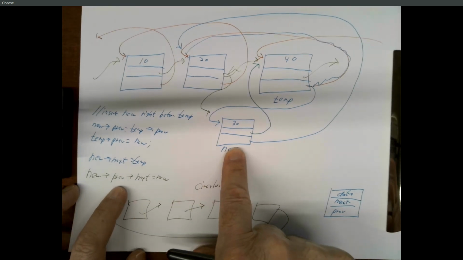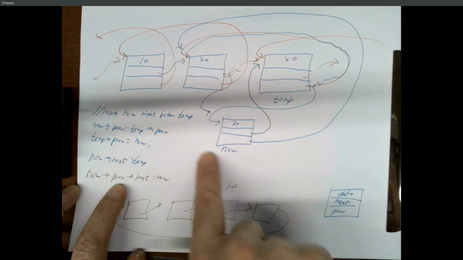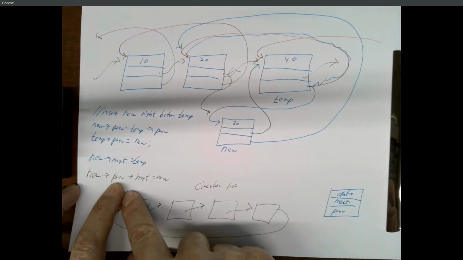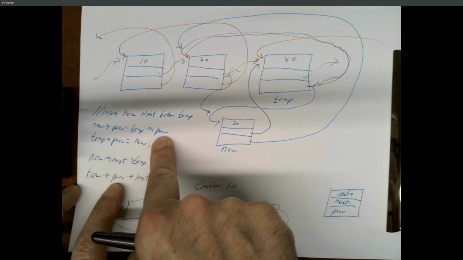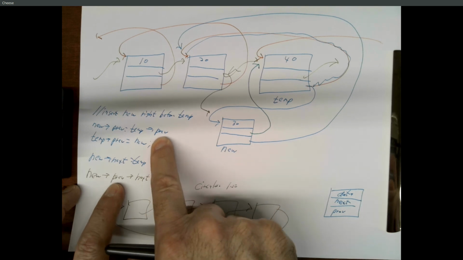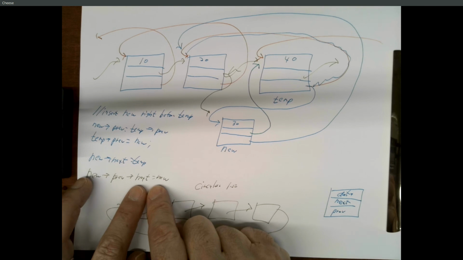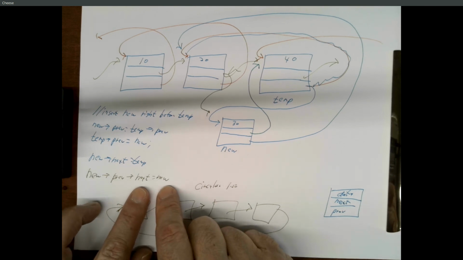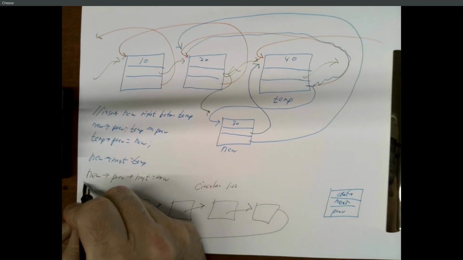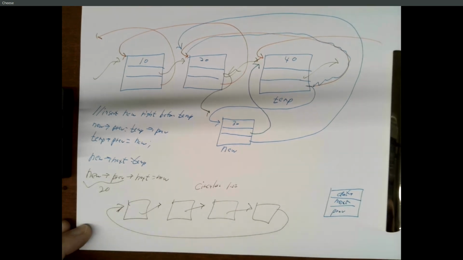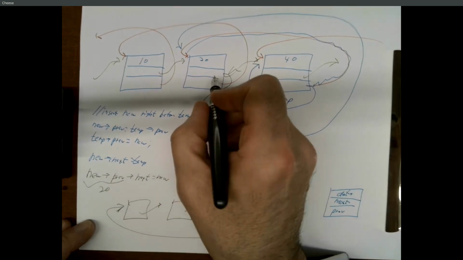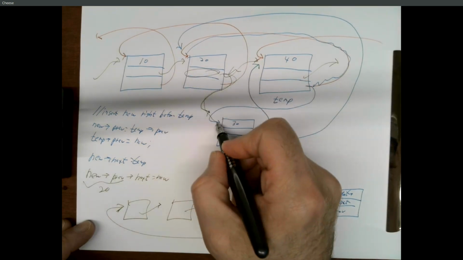So new previous is going to be 20. Yeah, because we said new previous equal to temp previous. And so we set 20's next to be equal to new. Alright, so this is the 20 node. And then we set 20's next to be equal to new.